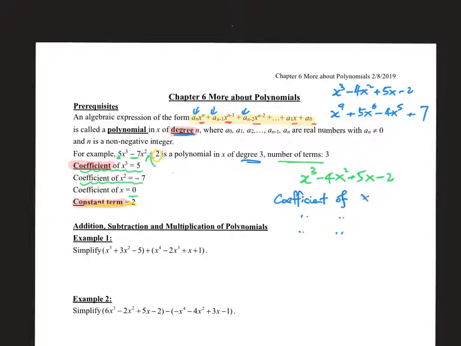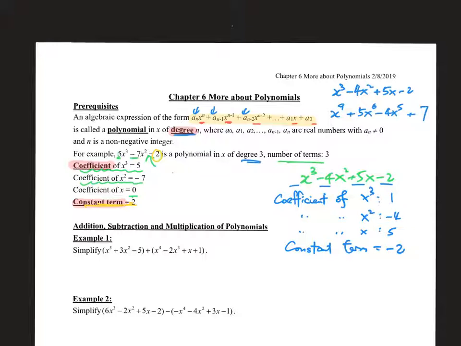All right, for coefficients, you have to particularly mention the coefficient of x cubed, x squared, and x. So you have 3 answers: for x cubed, there is a 1, minus 4 for x squared, 5 for x, and then finally, you have constant term equal to minus 2 over there.